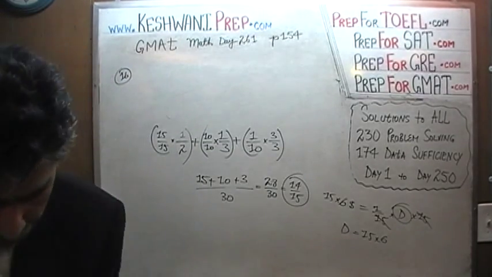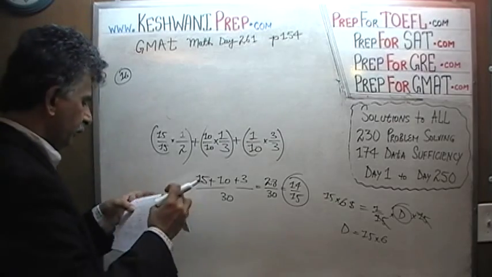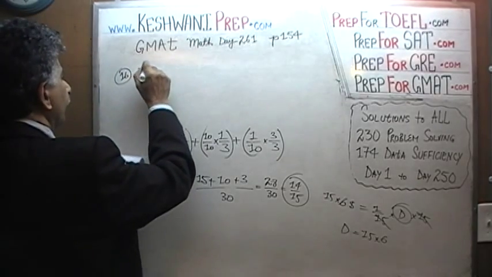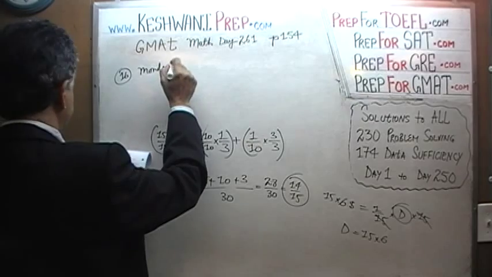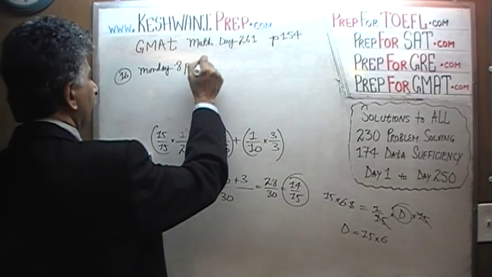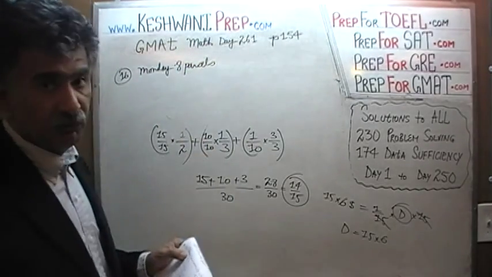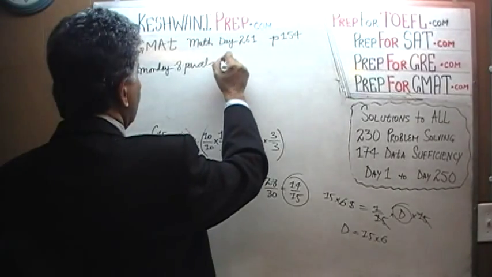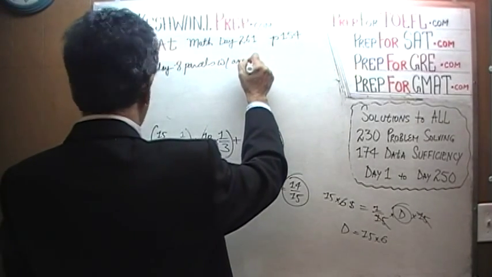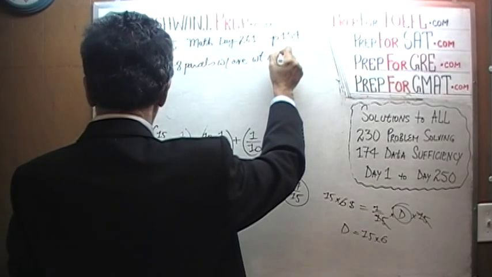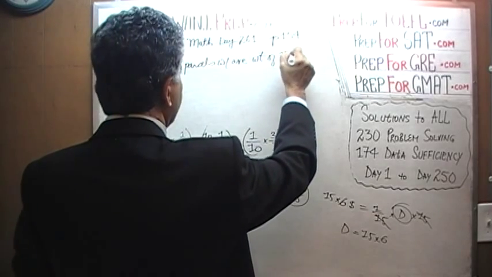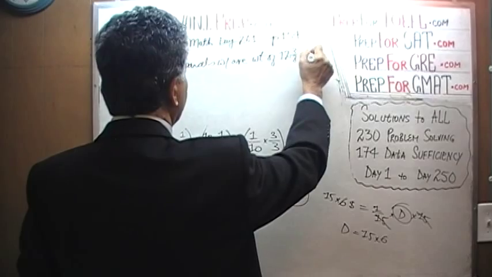In number 16 we are told that on Monday eight parcels were sent out with the average weight of 12 and 3/8 pound.